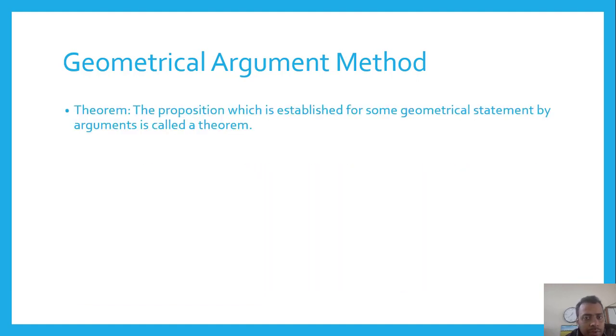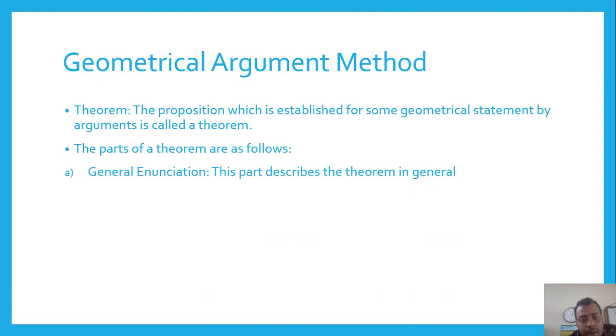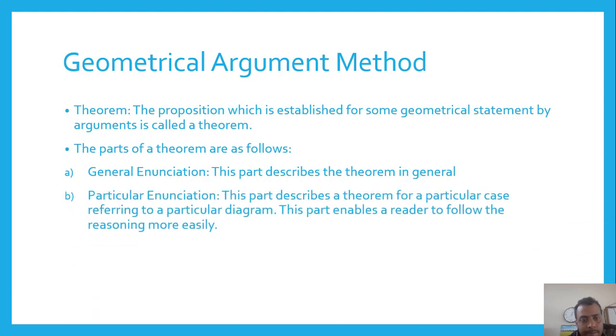Now we are going to discuss theorem. The proposition which is established for some geometrical statement by arguments is called a theorem. The parts of a theorem are as follows. General enunciation. This part describes the theorem in general. Particular enunciation. This part describes a theorem for a particular case referring to a particular diagram.